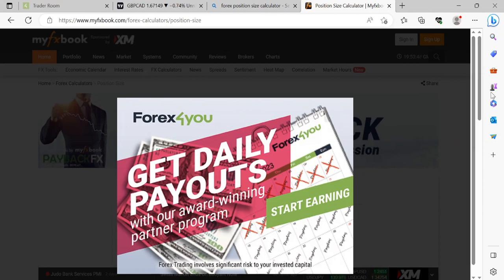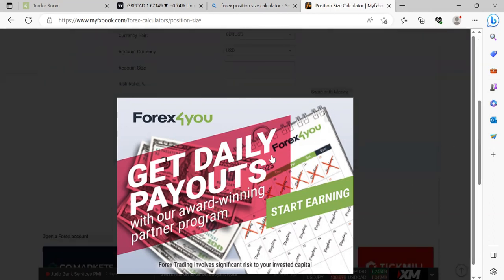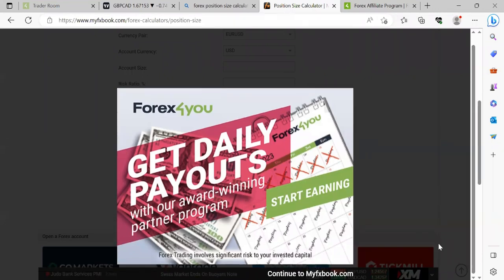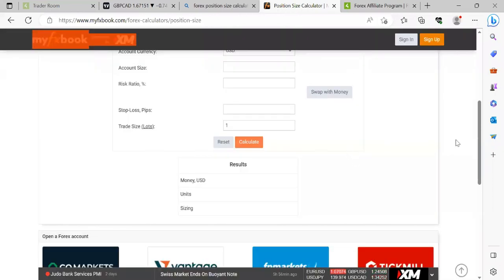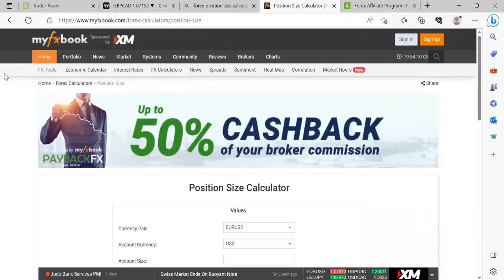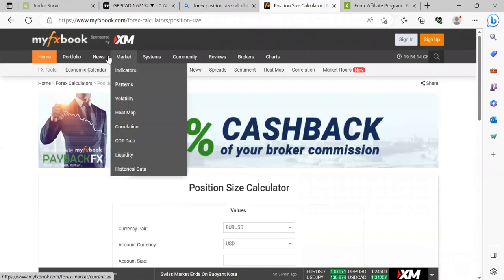So let's go to, I want to remove this. Let me see how I can remove this. Okay. Now when you go to their site, you will see the Forex position size calculator.